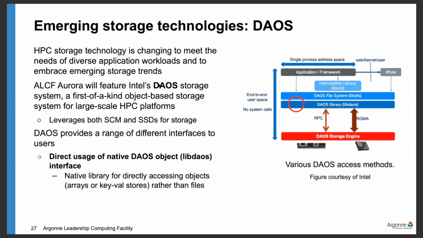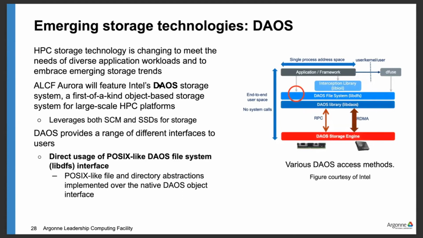It's probably used more by I/O libraries and middleware for trying to get the most out of DAOS specifically, but it's less likely that you'll use it directly in your applications. There's also the POSIX-like DAOS file system interface called libdfs. This is a POSIX emulation layer, basically, with file and directory abstractions built on top of DAOS's native object model.